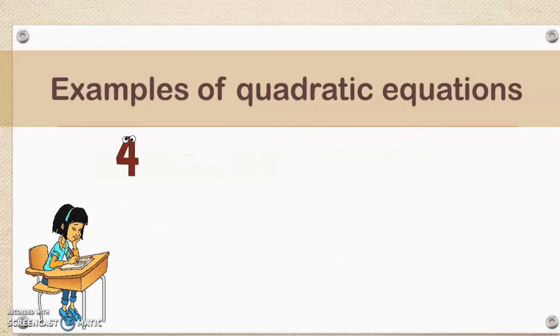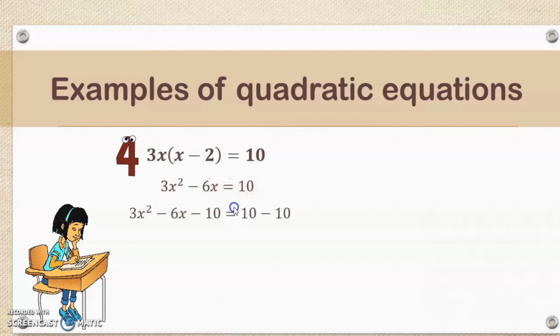Number 4. 3x times the quantity of x minus 2 is equal to 10. This equation is not in standard form, but we can write this into standard form. How? We have to distribute 3x to x minus 2. So 3x times x is equal to 3x squared, and 3x times negative 2 is negative 6x, equal to 10.